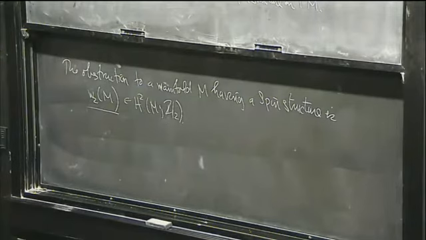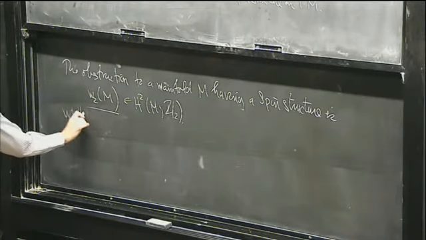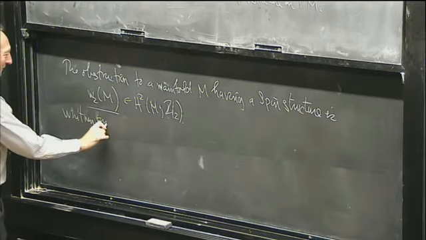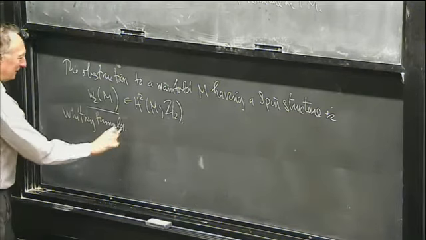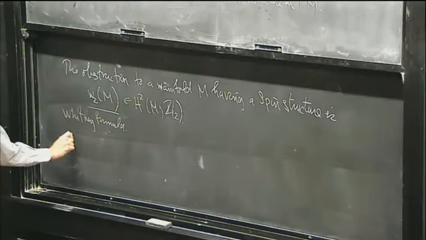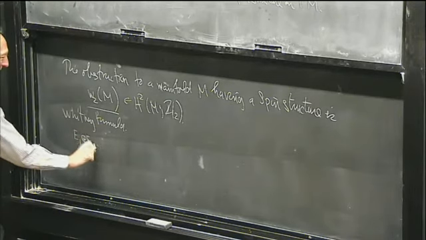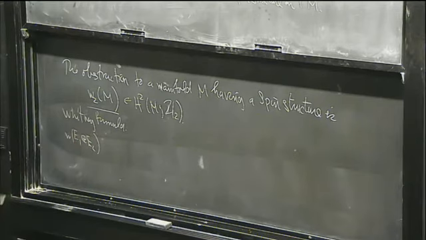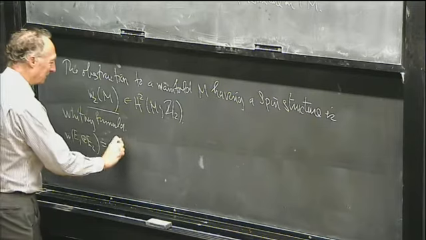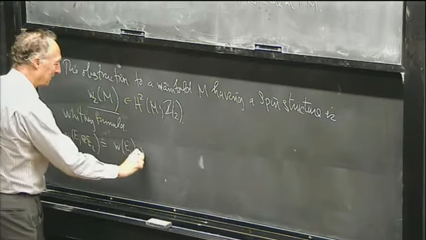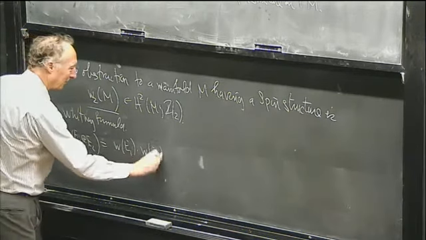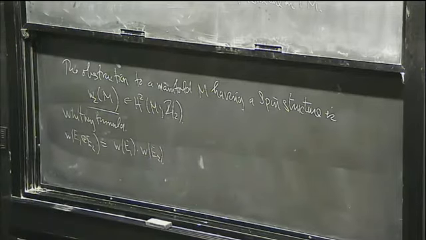Well, what I'm going to use about the Stiefel-Whitney classes is the Whitney formula, which says if you have a sum of two bundles, E1 plus E2, the total Stiefel-Whitney class, 1 plus w1 plus w2 and so on, is the total Stiefel-Whitney class of the first times the total Stiefel-Whitney class of the second. Right. So that's a property that these numbers have.